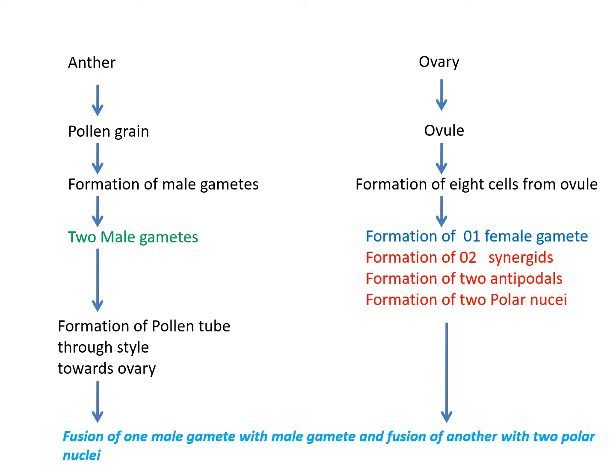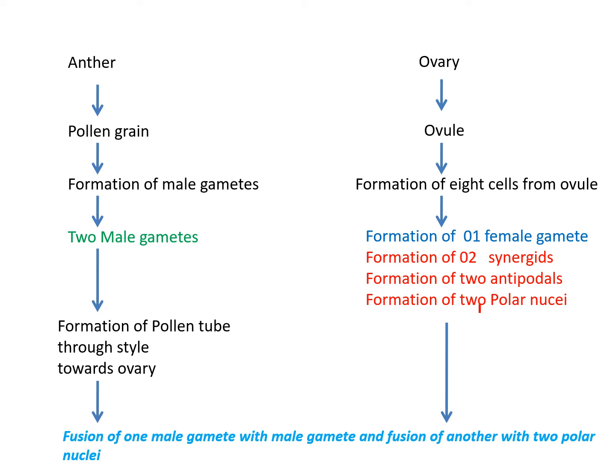In the process of fertilization, we need this male gamete and we need these two polar nuclei. Out of two male gametes, one fuses with the female gamete and one fuses with the two polar nuclei. So we can see that two fertilizations take place, with this one and with this one.